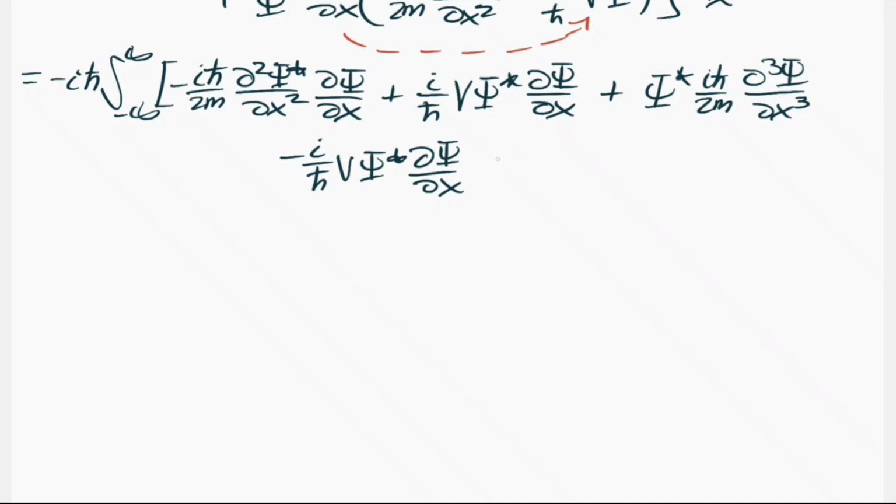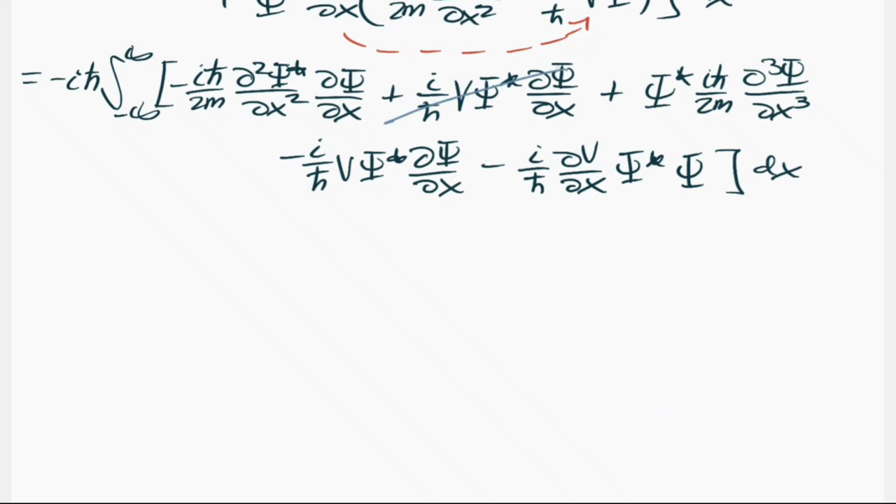And then we have minus i over h bar, again, this is the chain rule here, dV dx psi star psi, close that big bracket, dx. So that's the fully expanded notation there.